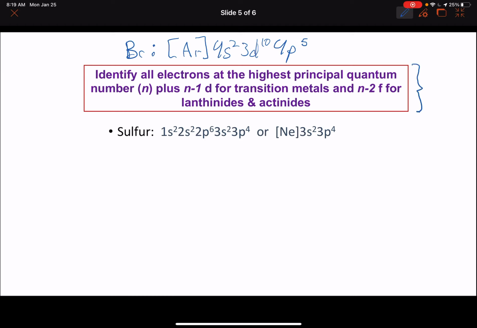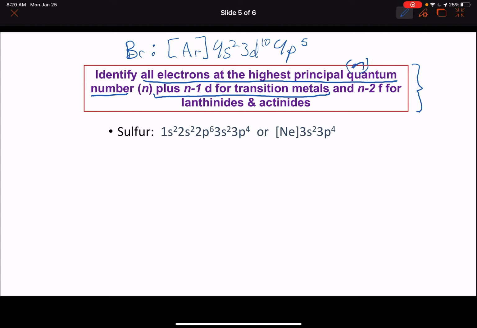And so to help us identify the valence electrons, we want to identify all the electrons at the highest principal quantum number. Recall this was n. And add n minus 1 d for transition metals.